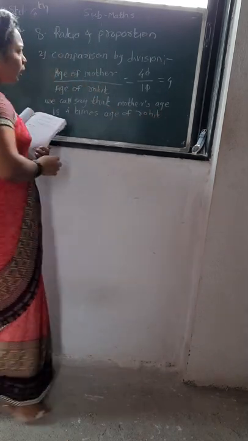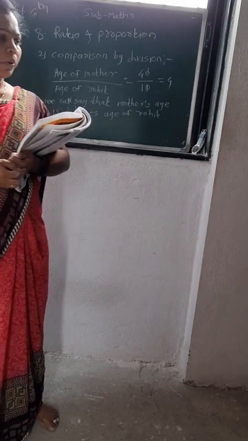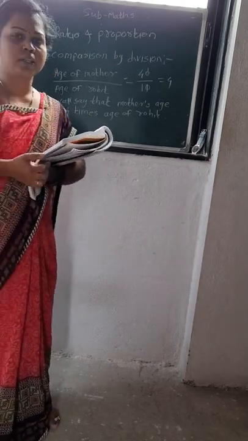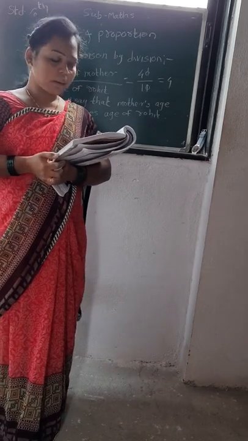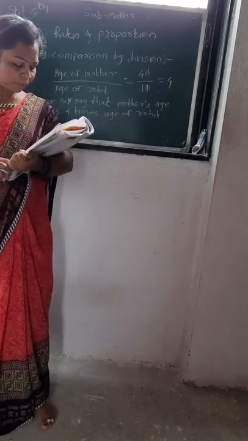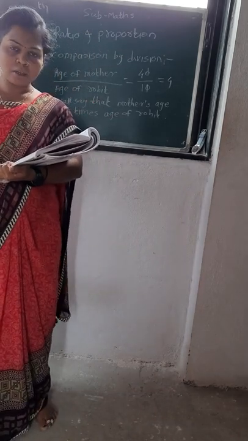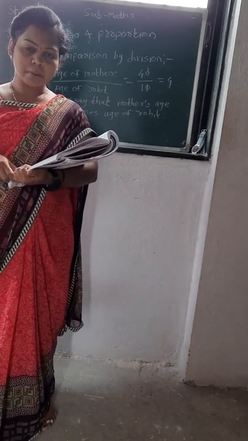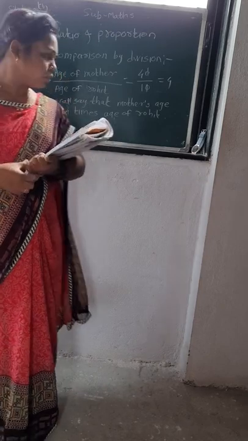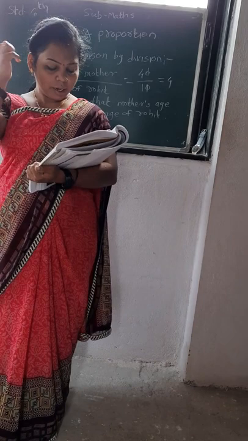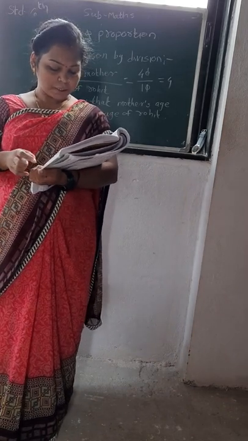We have compared these two ages. First method is comparison by finding difference, and second method is comparison by division. We observe that the division method is very lucid and gives better sense.